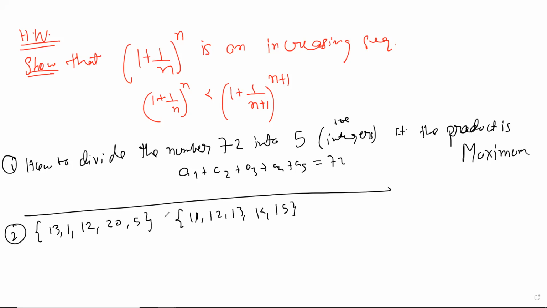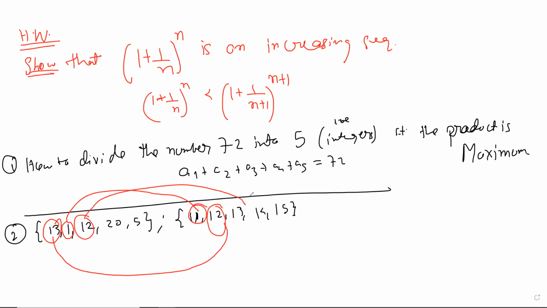Now you want to pair the numbers up between these two sets. You take a number here and multiply it with something, maybe this; take this number and multiply it with something else, maybe this. Take one from the first set and one from the other set and multiply them, and do this for all the 5 pairs, in such a way that the sum of the products is maximized.